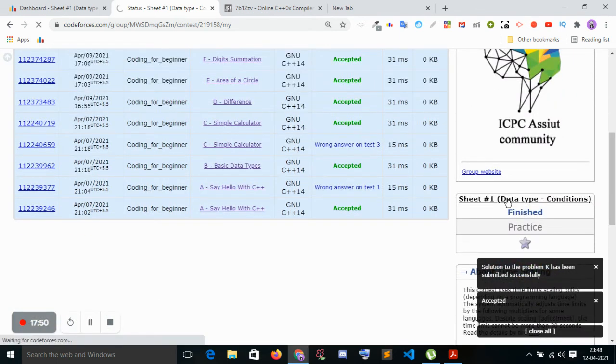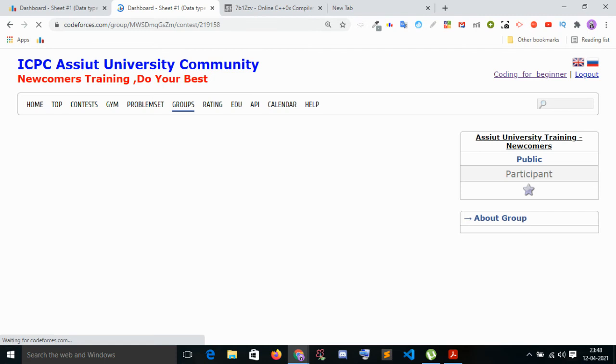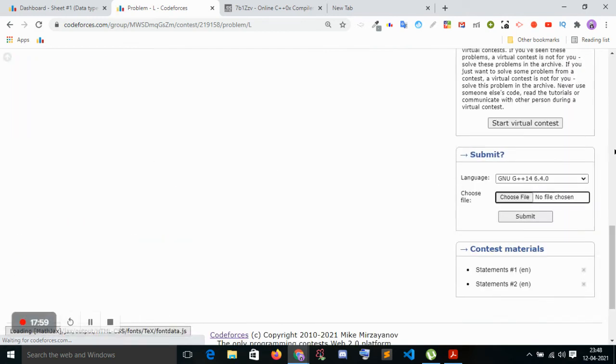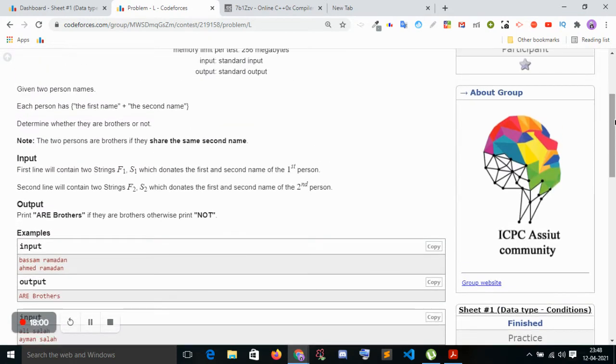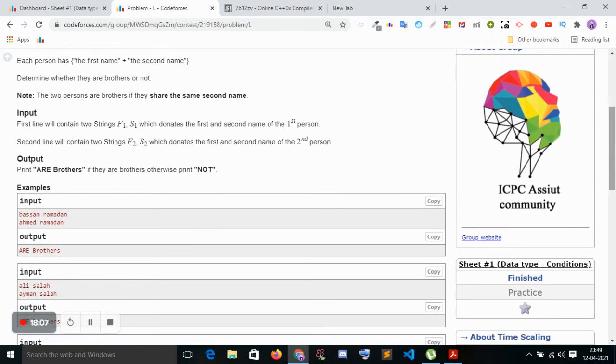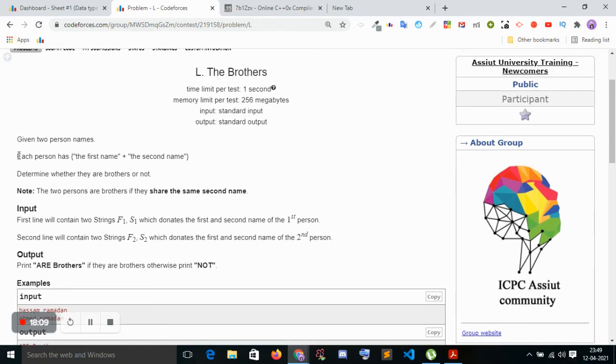Okay, so let's try another problem. The Brothers. So what the question is: given two person names, each person has a first name and a last name.